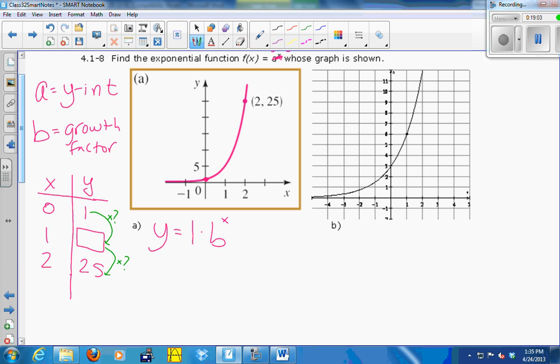You would add 12.5 twice, right? So if I was going to add the same amount, 5. If you multiply times 5 times 5, that's how you get from 1 to 25, by multiplying by the same number twice. So my growth factor has to be 5.